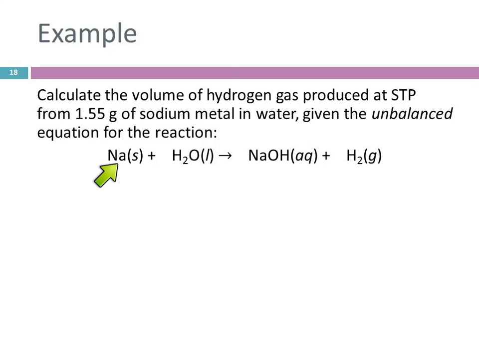Sodium is only in one place on each side, so that's a good place to look first. 1 sodium and 1 sodium. Okay, well that was easy. Leave hydrogen for last. He's by himself over here. Here's oxygen, 1 of each, so we're good. Here we have 2 hydrogens, and over here we have 2 plus 1, we have 3 hydrogens.